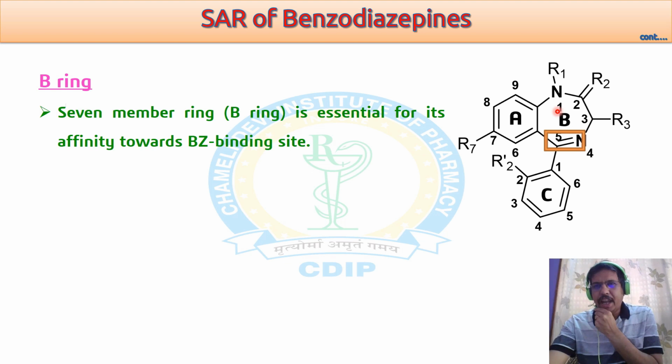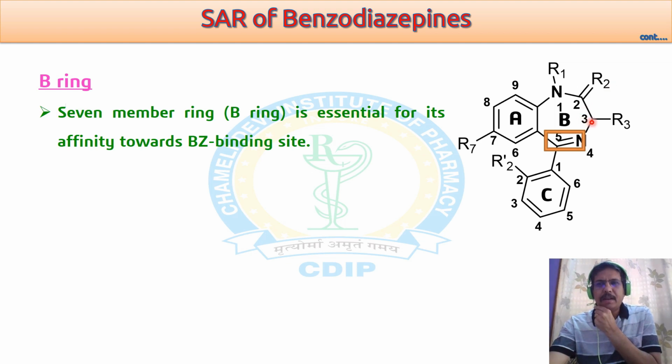There are different areas. First is the number 1 position, that is nitrogen, where the hydrogen can be replaced by means of an alkyl group or some other type of group. At the same time, at the second position, the 2 hydrogens are replaced by means of an oxo group or thio group type of things.